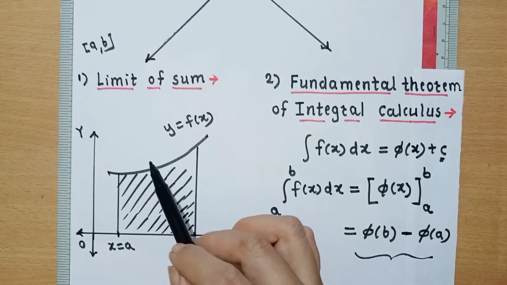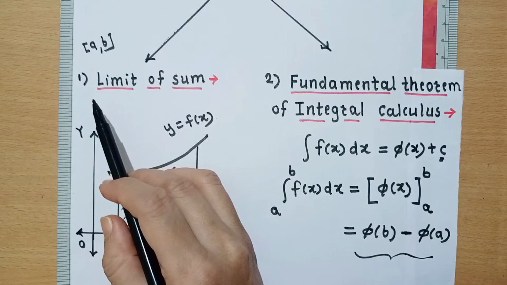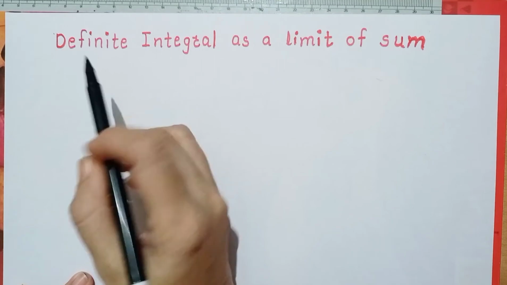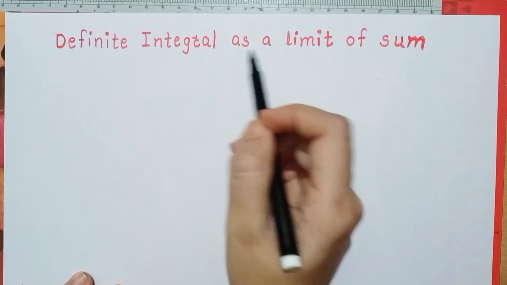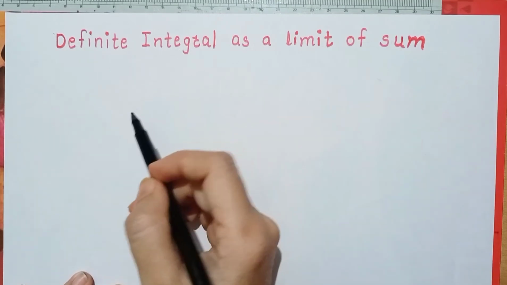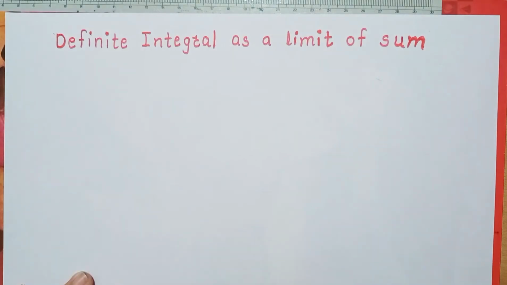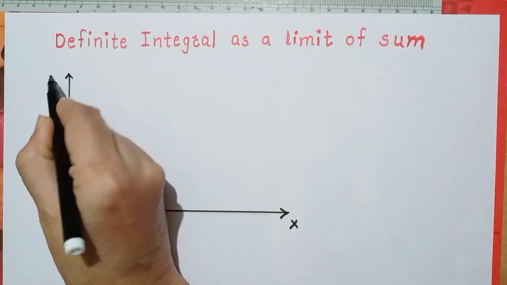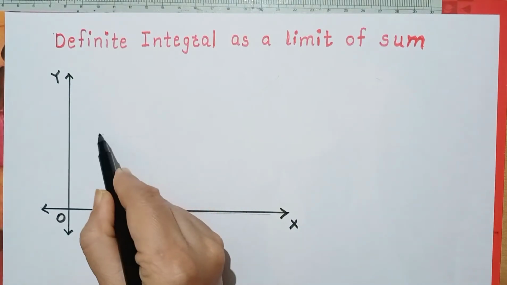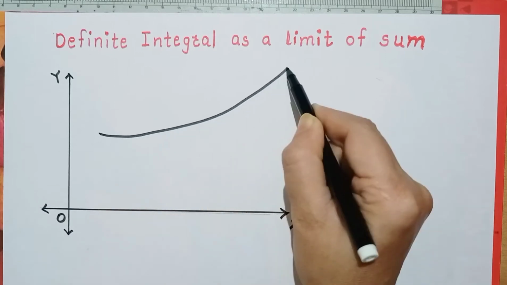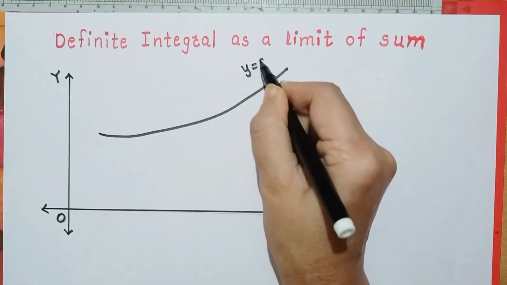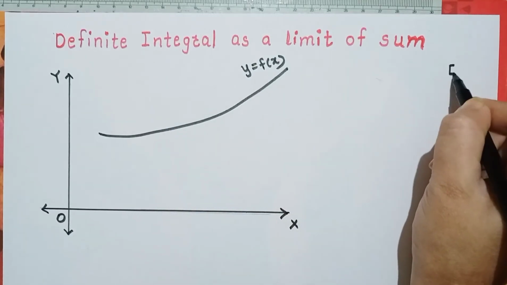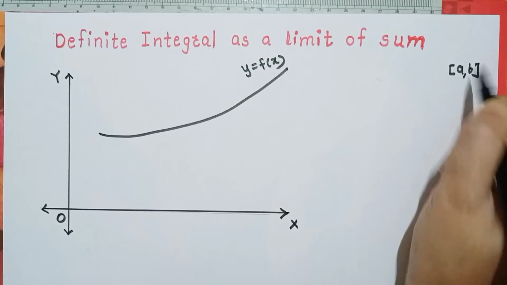So let's check first the concept of definite integral as a limit of sum. Let's start our first point, definite integral as a limit of sum, and again we will consider the xy plane. This is the xy plane, this is the x-axis, this is the y-axis, and here we are considering the continuous curve y is equal to f(x), and this is continuous in the closed interval [a, b].